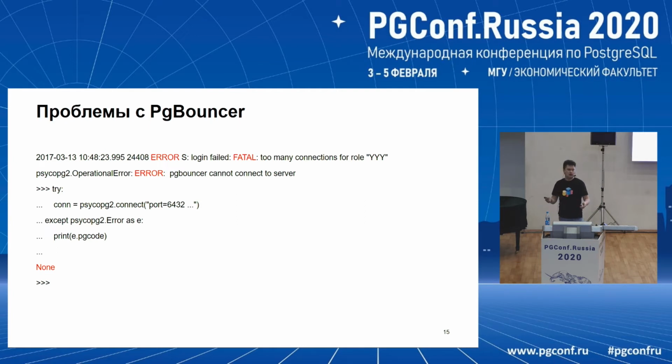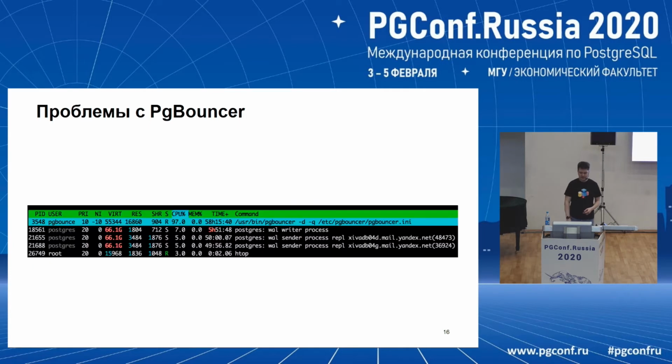Either your password was wrong, or you had too many connections, or something is wrong with the database, and you always get the same error that does not tell you which way to degrade, or whether you should start throttling the queries, or start monitoring and call in the person who's going to fix everything. So diagnostics with PgBouncer is a fairly complex endeavor, but with secondary and tertiary signs, you can tell what you can do to get your service up and running, but PgBouncer doesn't help you with this.